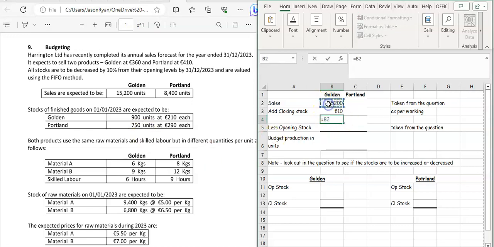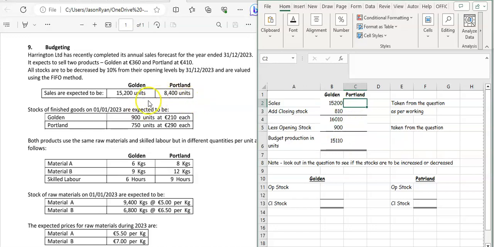So we're going to add our closing stock, which is 810, to 15,200, and then we need to take away our opening stock, which is 900, and that's going to tell us how much you need to produce of those units for this period. Okay, so you need to produce 15,110.